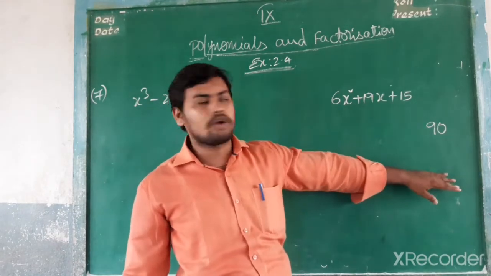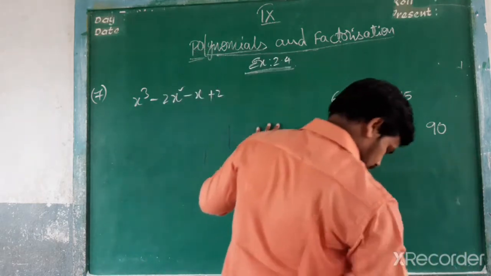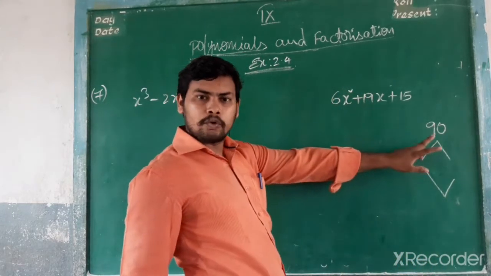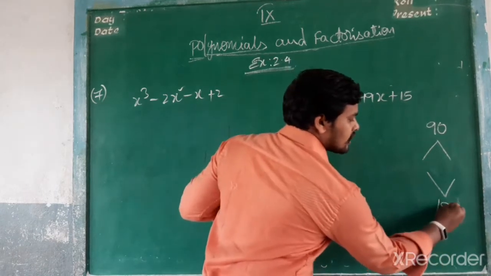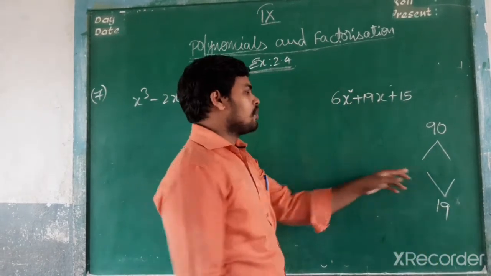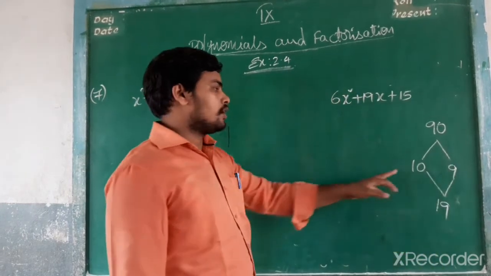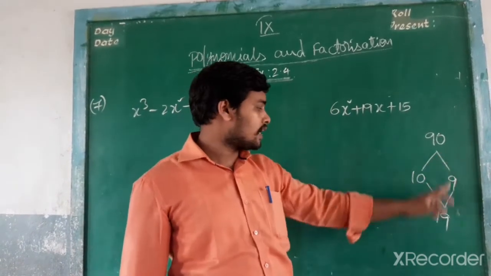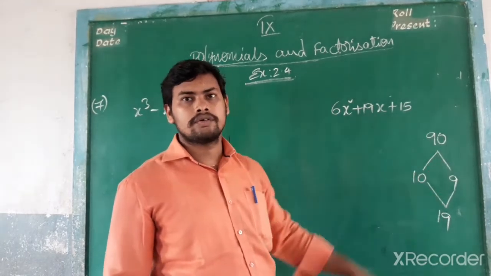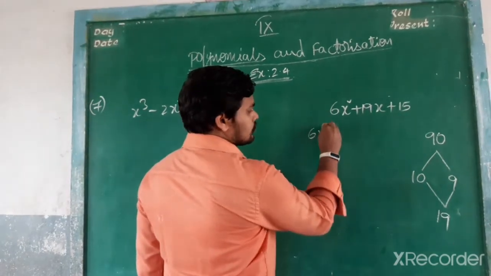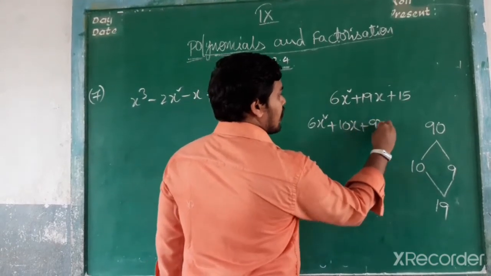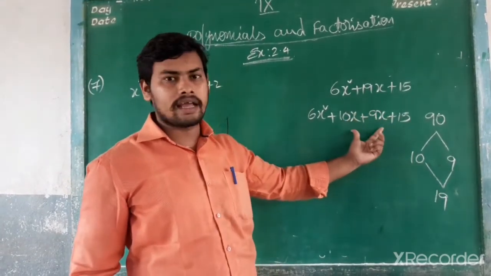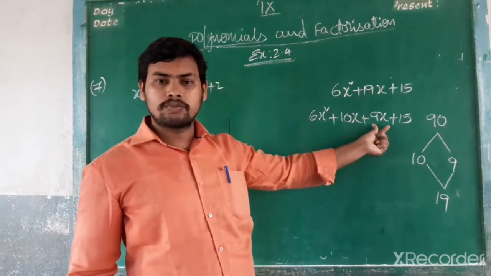Those two numbers are 10 and 9. 10 plus 9 equals 19, and 10 into 9 equals 90. So 6x square plus 10x plus 9x plus 15. I split 19x as 10x plus 9x.